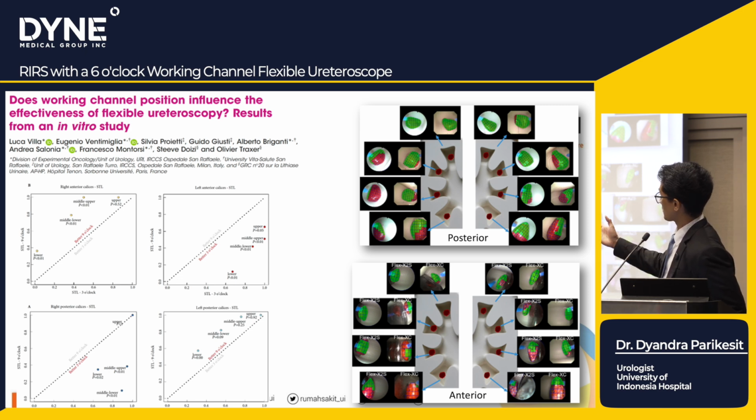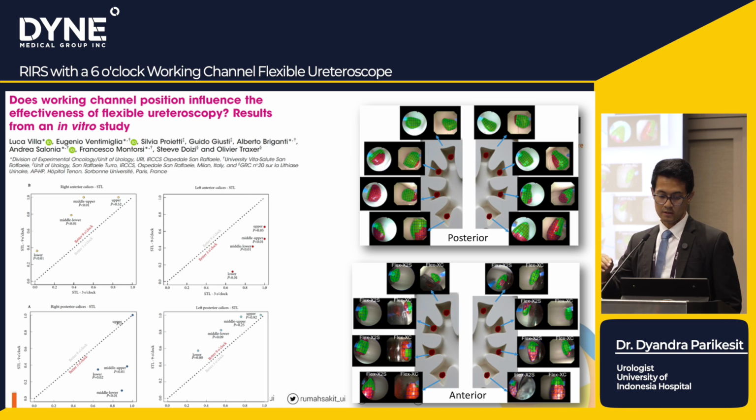For example, the left anterior calyx is better for the 3 o'clock position. There are a few recommendations in this publication on choosing scopes based on the location of the stone.